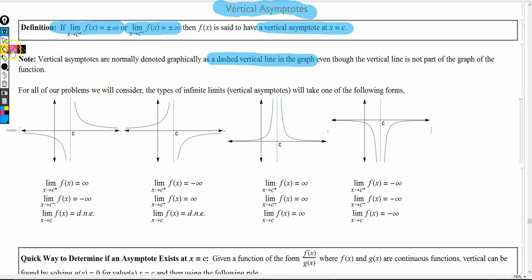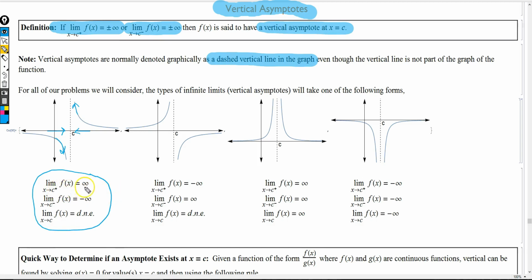In this one, as x approaches c from the left, our function breaks down to negative infinity, and as x approaches c from the right, our function breaks up to positive infinity. And then we have these left, right, and full limits down here.